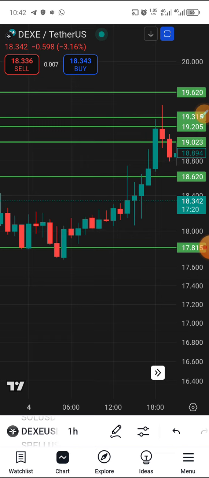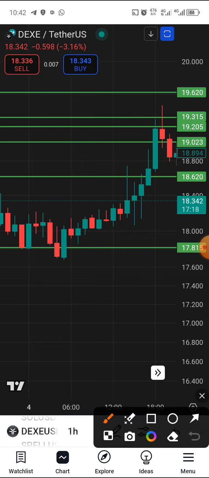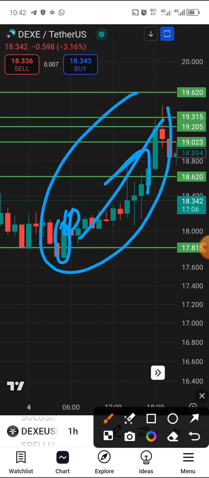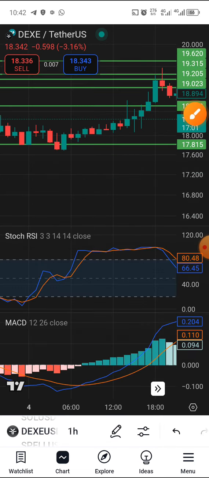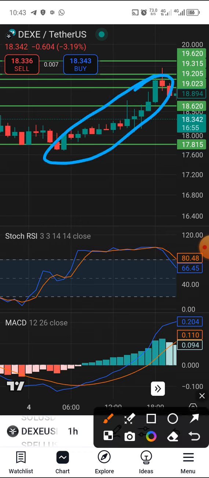So with this here, you can see this is a breakout candle and a confirmation. Boom, the market went up. Focusing on this trend here, let's put in the indicators and we see this trend here was recorded here.